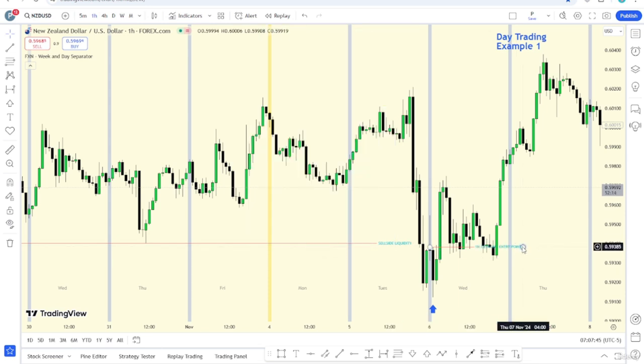I'm going to demonstrate an example here of a setup. Hypothetically, if you took the setup above that high, and of course, like we said, the stop loss comes below the low of the order block and maybe just a few pips below it.